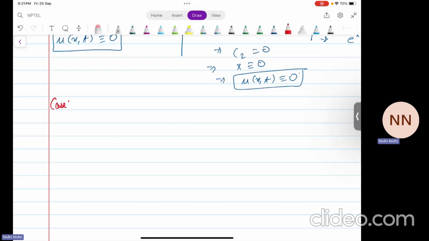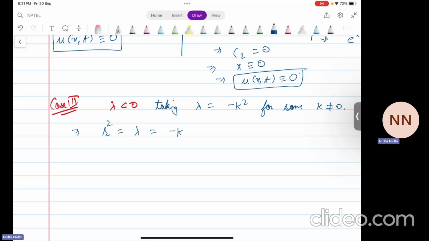So we have case 3 when lambda is negative. Here we'll take lambda to be equal to minus k square for some k non-zero. Now this gives us r square equals lambda, which is minus k square. This gives us r is equal to plus minus k iota.